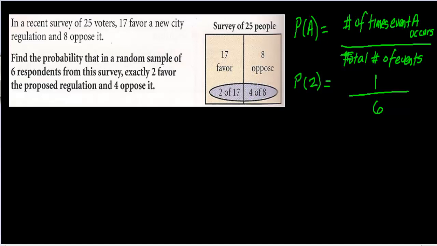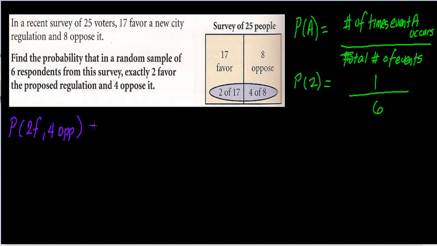We have to do this by parts. I know I have to calculate the total number of events, which is the easy part. The hard part is the top. My event is that 2 will favor and 4 will oppose.